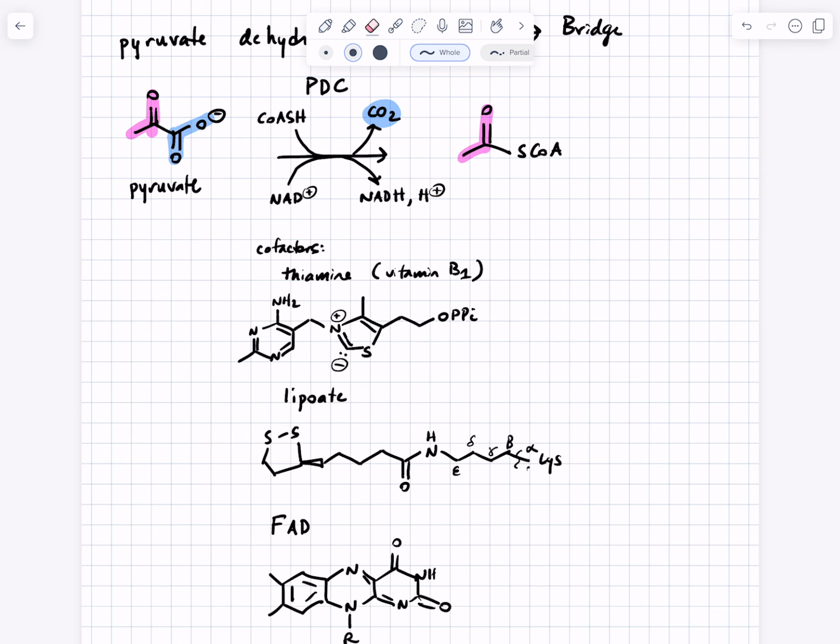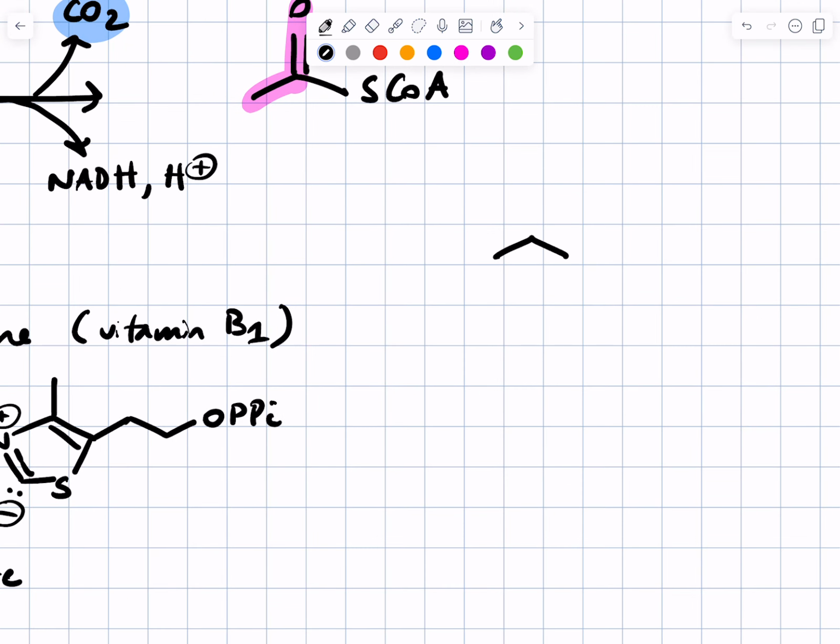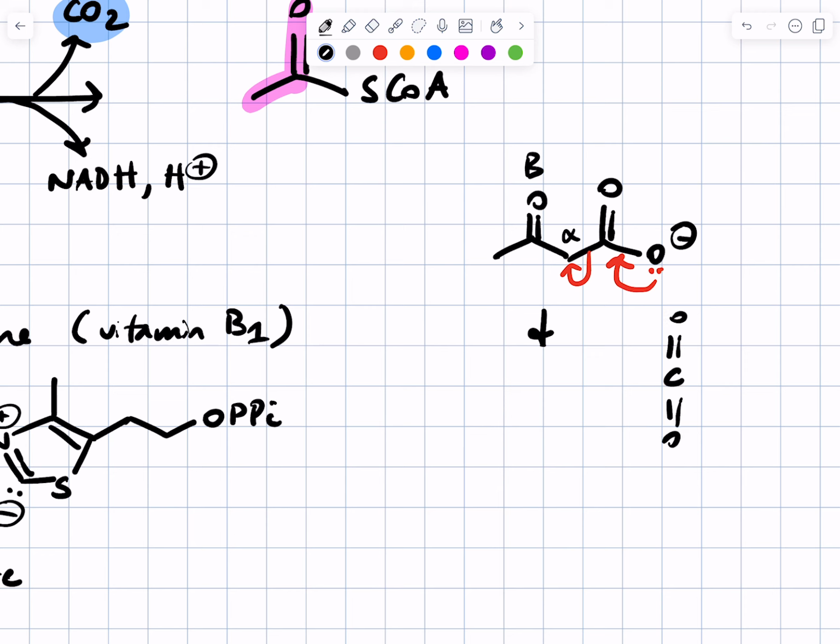Remember beta keto acids? Do you remember that pattern? The idea for decarboxylation of beta keto acids is that if the negative charge on the oxygen kicks down, it's not a super great leaving group, but it's a decent leaving group because what leaves is a resonance stabilized enolate, which can then pick up a proton.